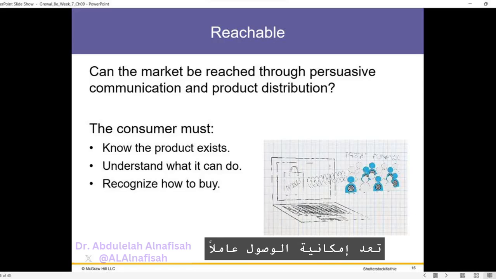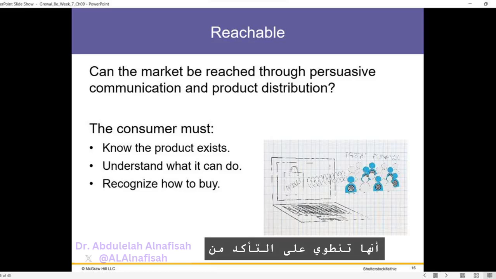Reachability is a critical factor in market segmentation. Even if a product or service is excellent, it cannot have an impact if the target market cannot be reached through effective communication and distribution channels. Reachability refers to the ability of a company to effectively communicate with the target market and make the product or service easily accessible to potential customers.